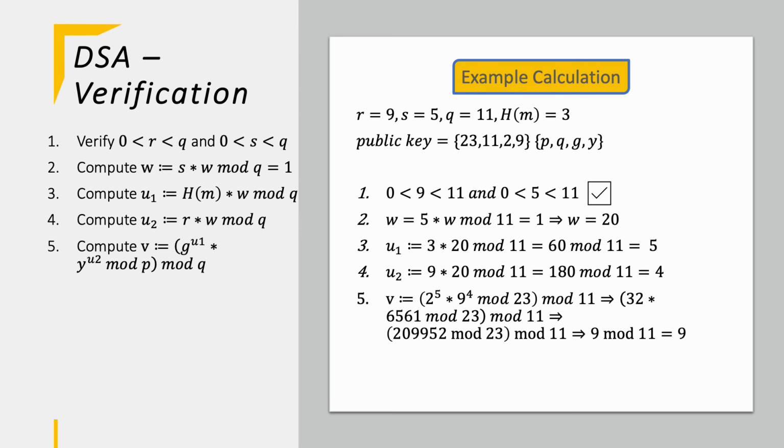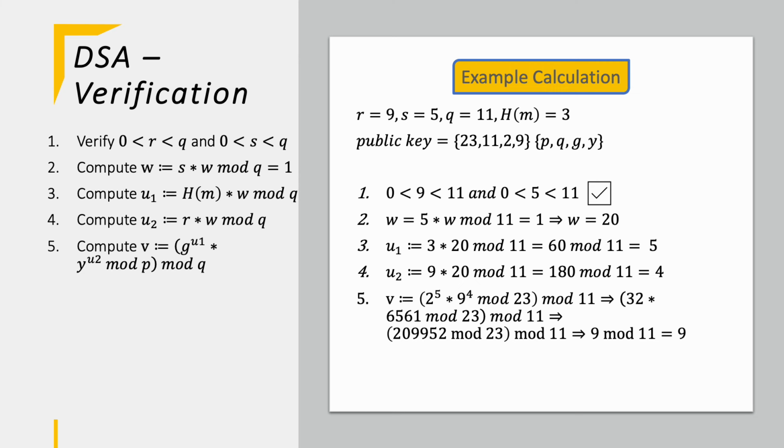Okay, this is going to be a little bit bigger, meaning that we have 2 to the power of 5 times 9 to the power of 4 modulo 23 modulo 11. Let's start with the bracket first. So 2 to the power of 5 is 32 again, and 9 to the power of 4 is 6,561.